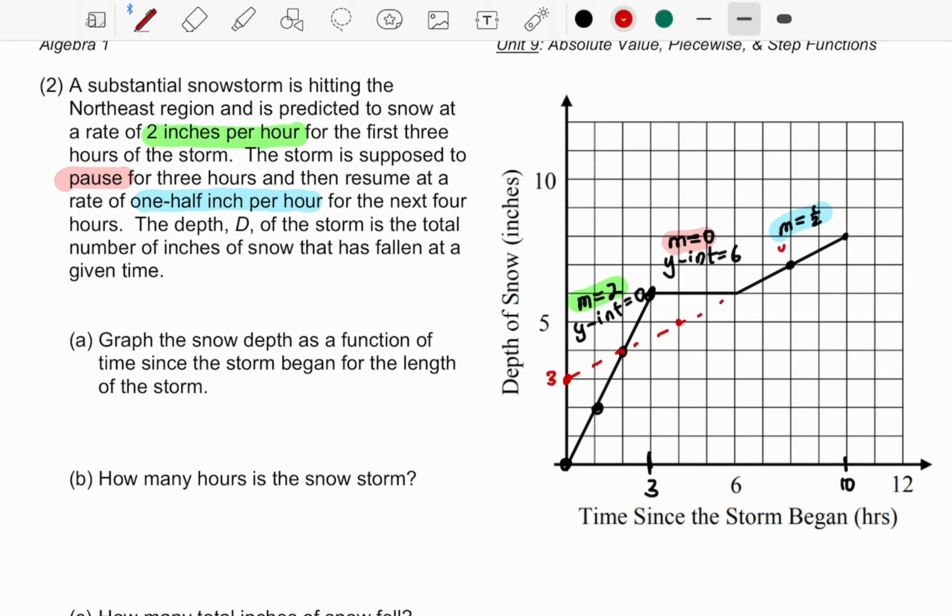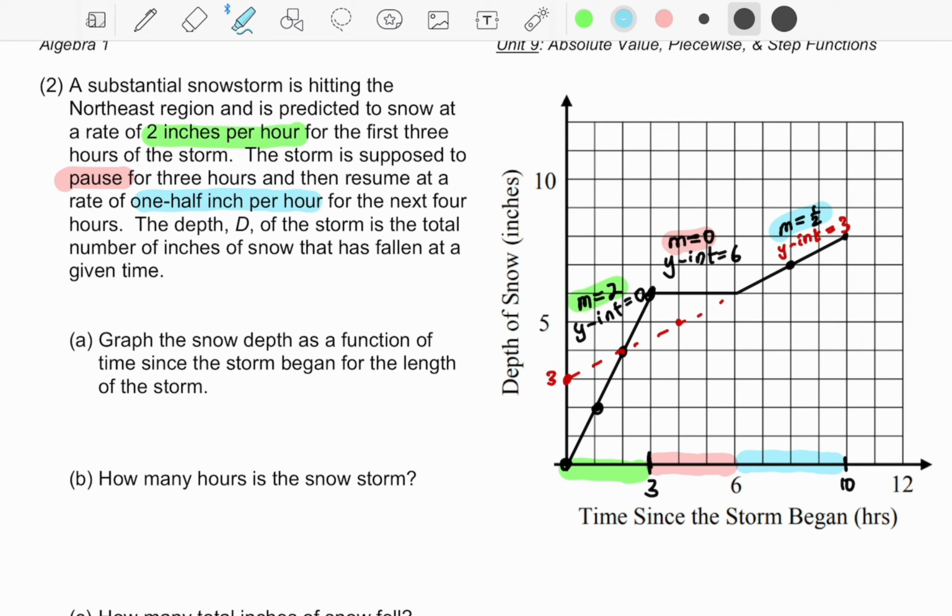So the y-intercept for this piece would be equal to 3. Now our 3 pieces span from 0 to 3, this interval here. Then it goes from 3 to 6, and then finally 6 to 10.